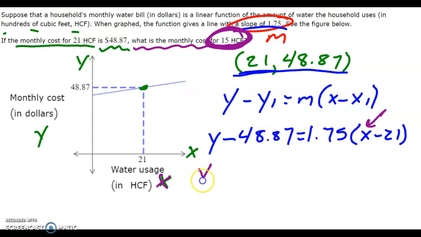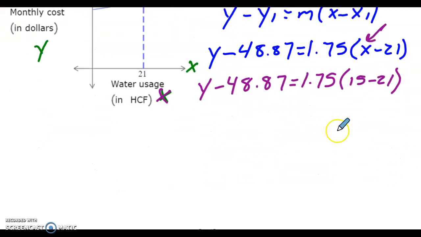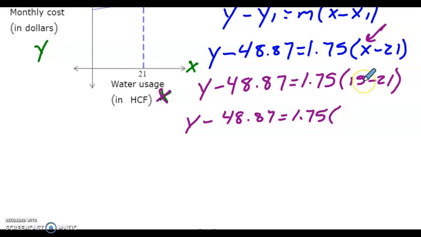So you would end up with y minus 48.87 equals 1.75 times 15 minus 21. And from here, you're just doing order of operations, solving to see what your y is going to be equal to once your y gets alone. So y minus 48.87 equals 1.75 times, well, 15 minus 21 is going to be negative 6.